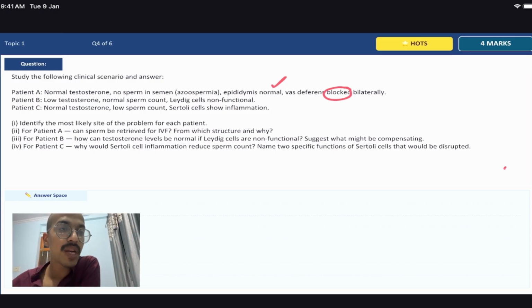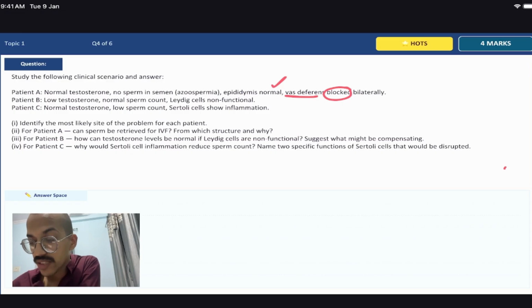It means most probably that sperm formation is normal, but the sperm are not coming out because of the blockage. You have to identify the most likely site of problem for each patient. Here the site of problem is the blocked vas deferens. So first is the vas deferens.